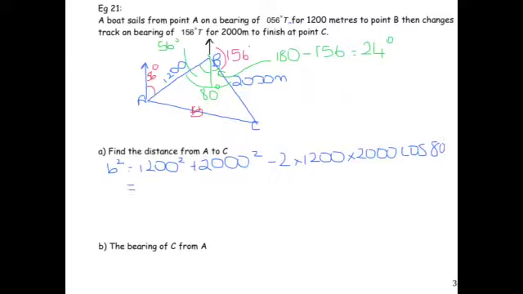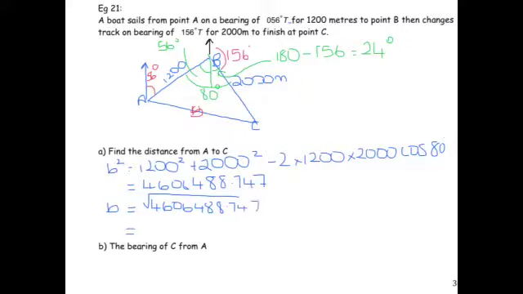If you did it by hand, that gives us 4,606,488.747. Remember, that's b squared, so we have to square root our answer. So b is the square root of 4,606,488.747, which is 2,146.27 metres.